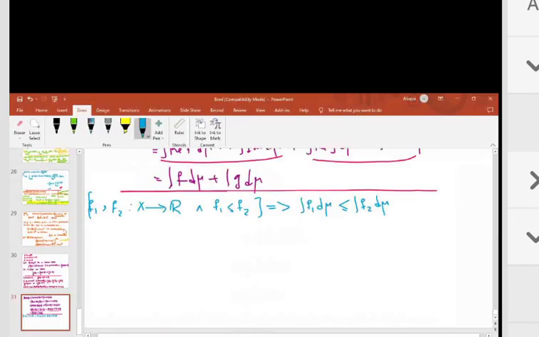This is very trivial: for any function f, the real part of f and the imaginary part of f are less than or equal to the absolute value, because this is equal to the real part to the power of 2 plus the imaginary part to the power of 2.